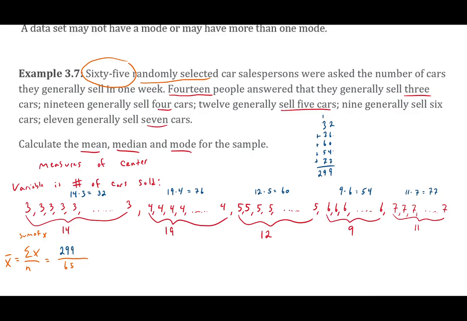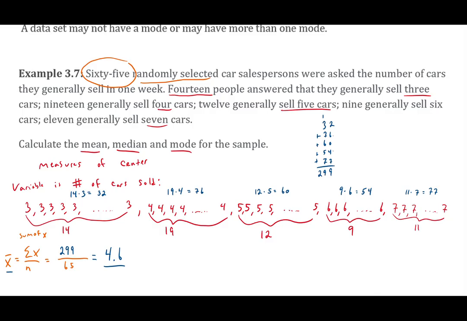That is the sum of all the x values, divided by 65. I'm not sure what that is offhand, so let me grab my calculator. Doing this off screen, 299 divided by 65. The sample mean x bar would be 4.6.